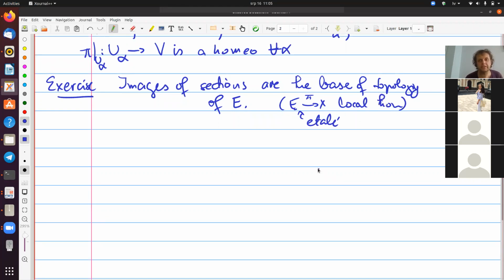So images of sections are the base of topology. What it means is, all these twirls you see will be the base of topology. So every open set is an image of... so what are sections?